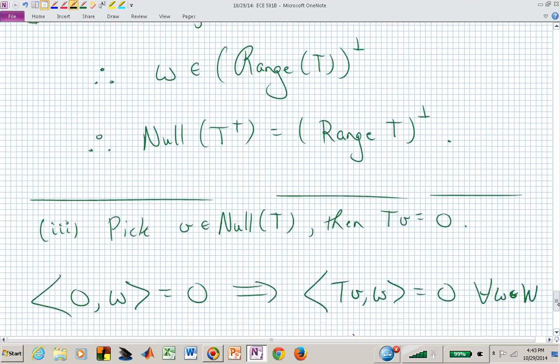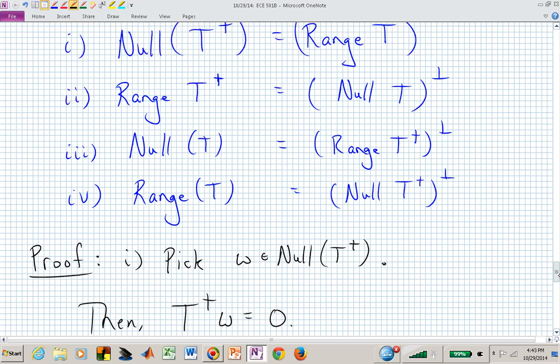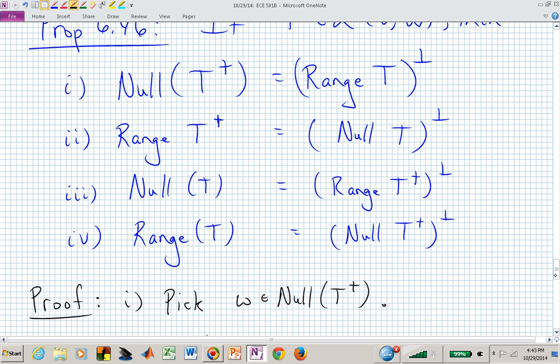And if we take the orthogonal complement of both sides of 2 and 4, we should get back to ones that we've already shown. Meaning, if you look at 1 and now take the orthogonal complement of 1, you'll get 4. Is that true?